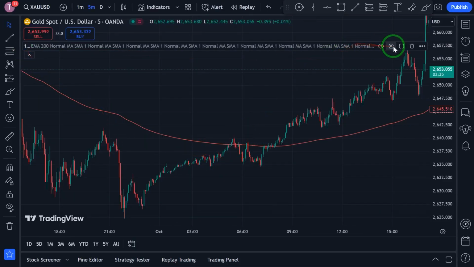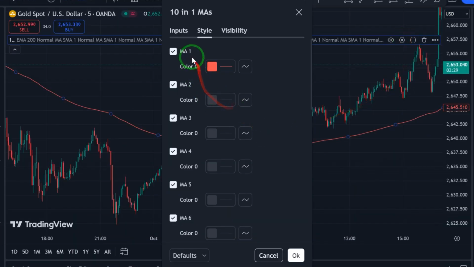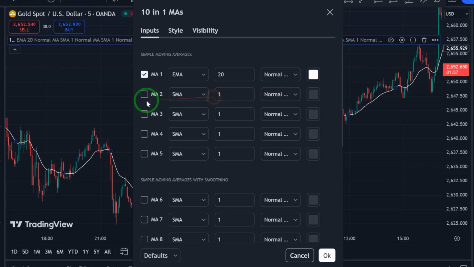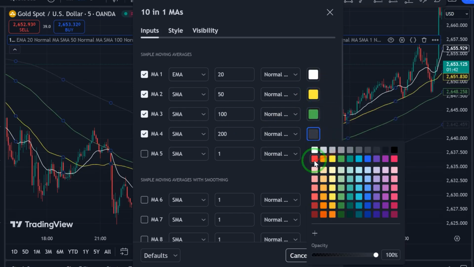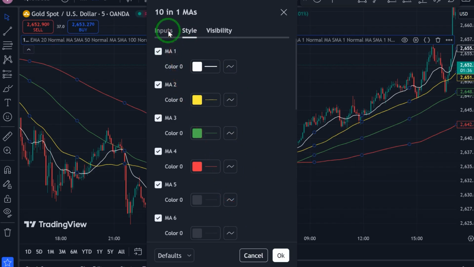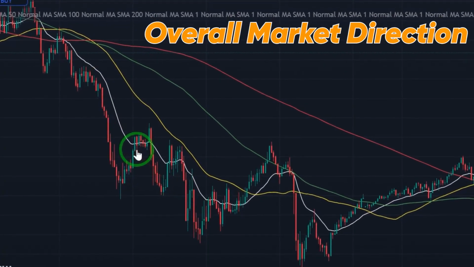As you know, we need to apply some settings to this indicator, so let's go into its settings and make the necessary changes together.